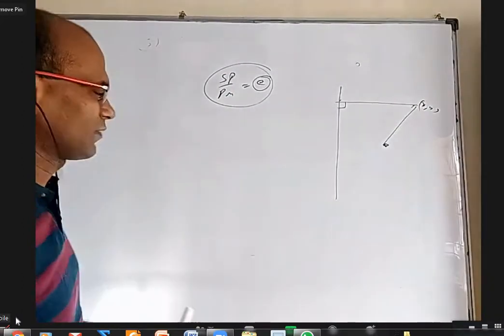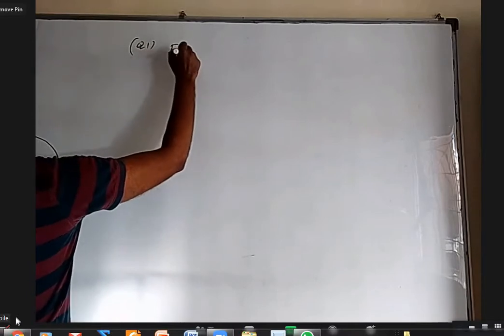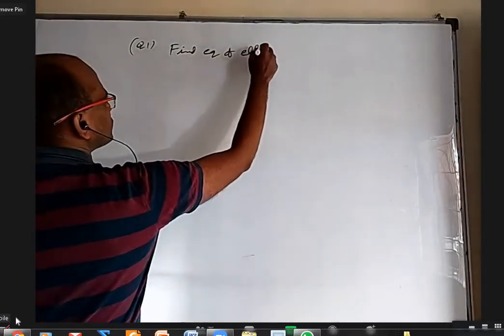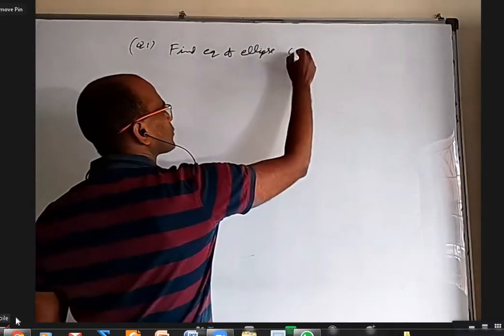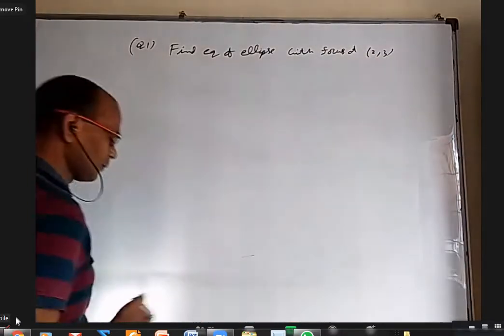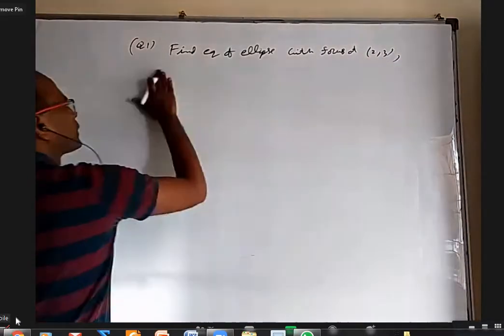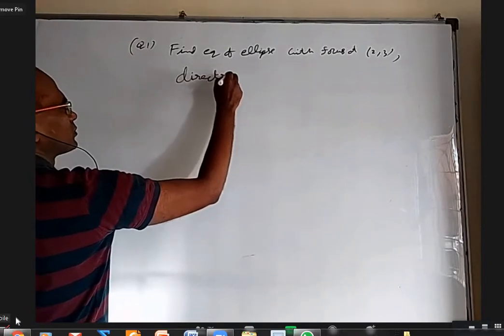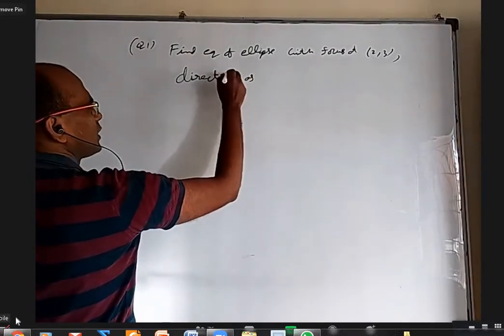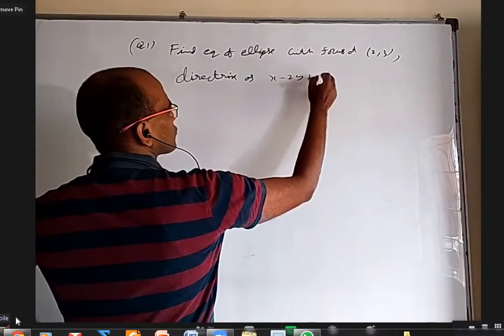Just to get familiar, let us write one or two questions. Find the equation of the ellipse with focus at (2, 3), directrix x minus 2y plus 4 equal to 0.